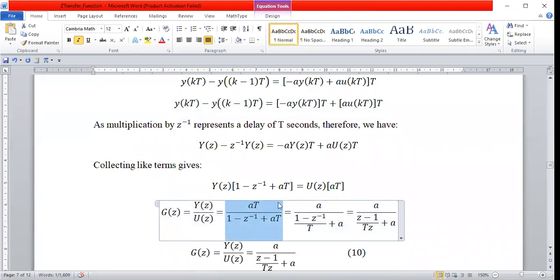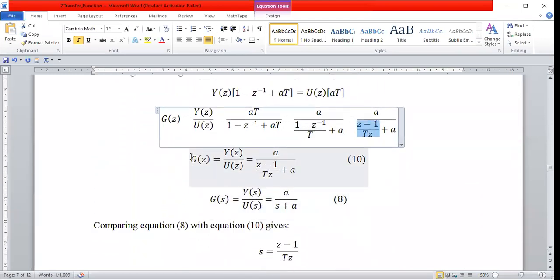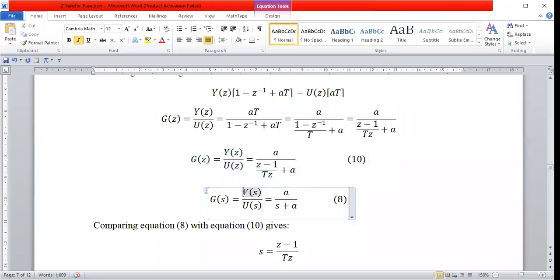Then if you divide both sides by t, you get this. If you multiply both numerator and denominator by z, you will get this. So for the backward rectangular rule, the transfer function is given by this, and this was the transfer function we started with.